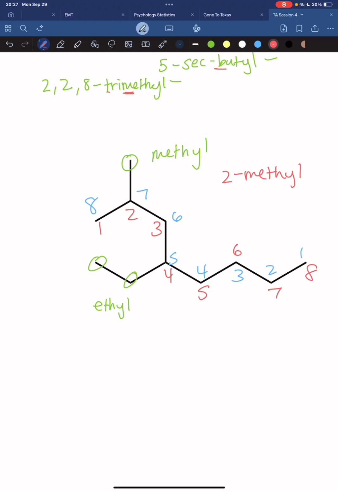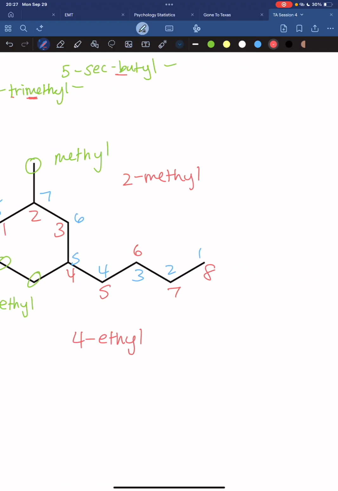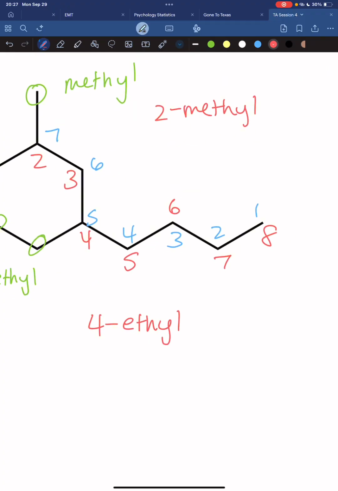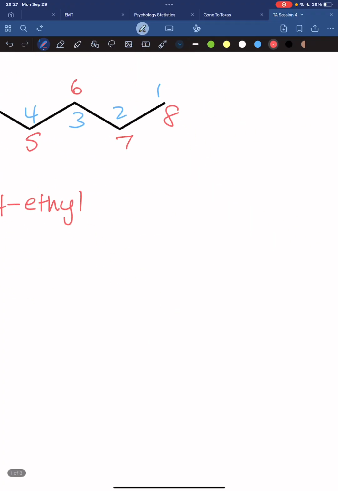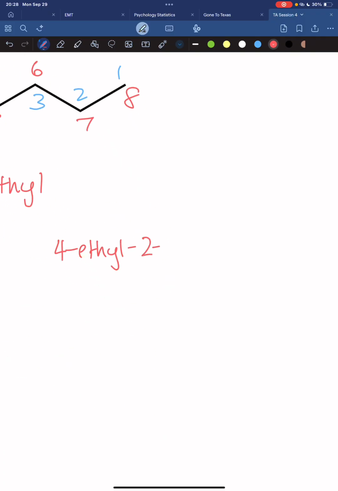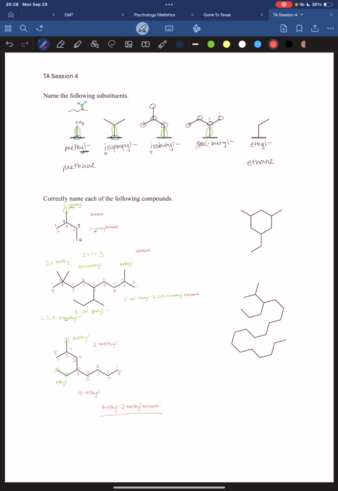And ethyl will be at 4, 4-ethyl. And then we're going to make sure that all of our alphabets are in order. So E comes before M. 4-ethyl, 2-methyl, octane. And that is our molecule right there. Pretty simple, not too bad.